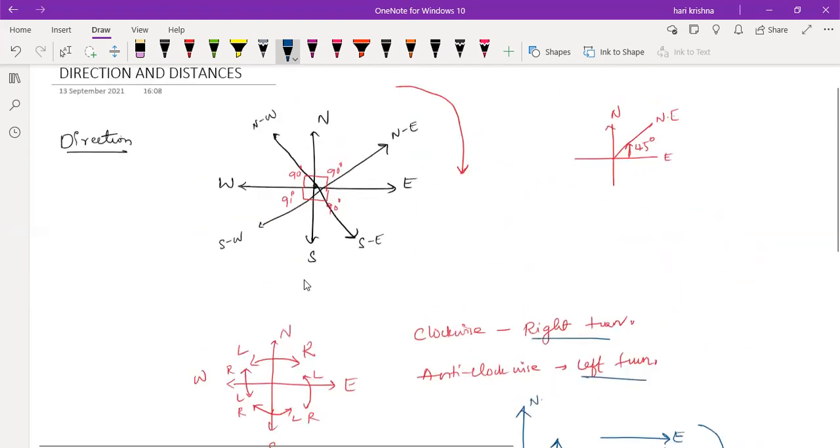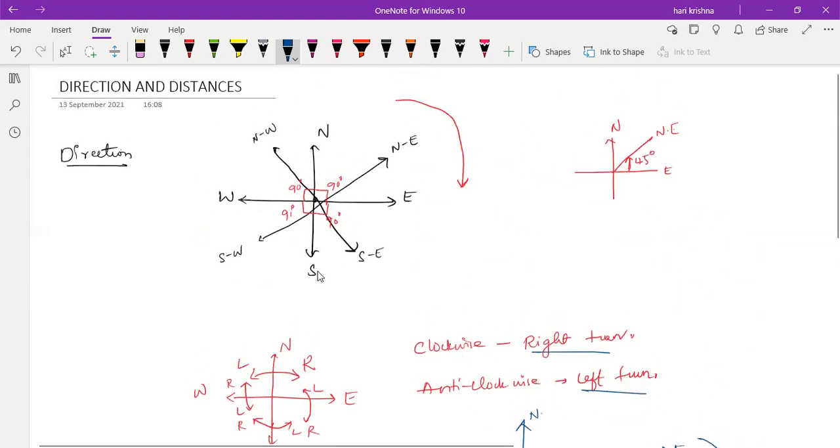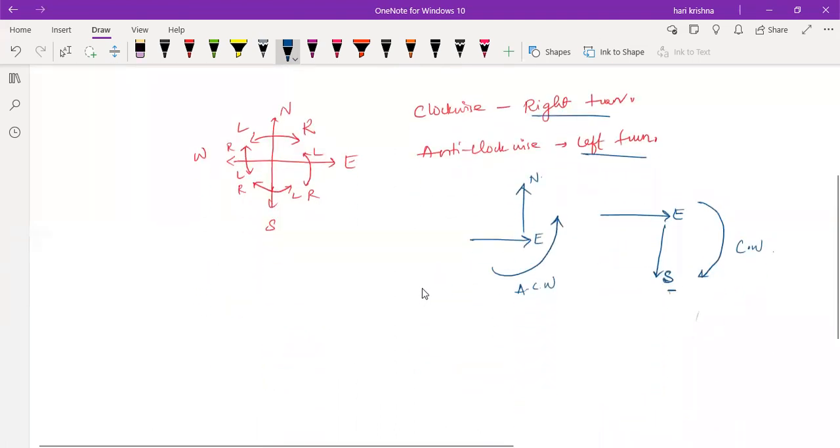So this is all about the directions. Okay, measuring the distance we will discuss in the problems itself directly. And we have totally 4 to 5 different types of problems in this. So we'll go type 1 to type 5, one by one.